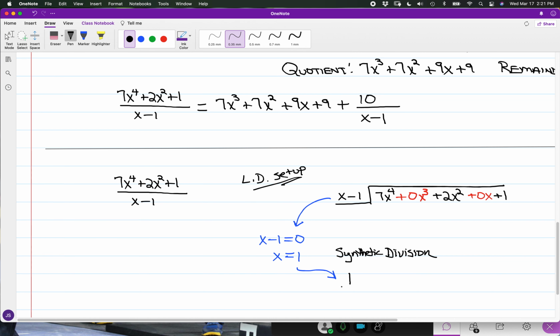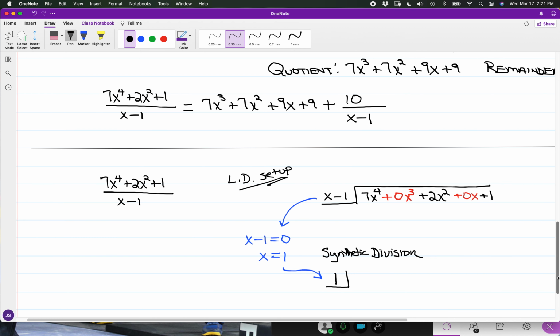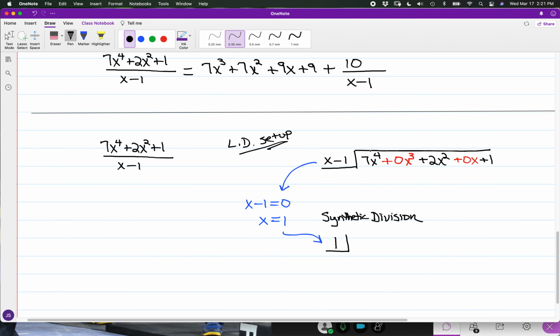Okay, so representing again x minus 1, so we have the number 1, and then we have going across this partition. Okay, so you have like your a of n, x of n is 7x to the fourth. You have a of n minus 1, x of n minus 1, and then you have going all the way out to a naught. A naught is your constant, and in this particular case, that is going to be at 1.